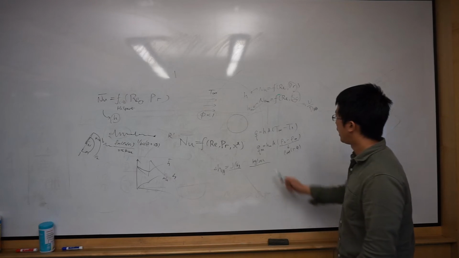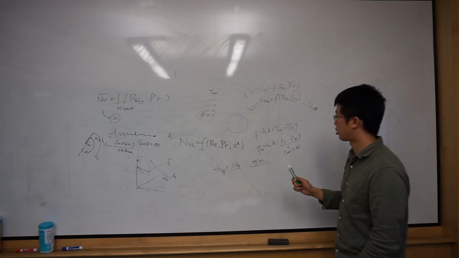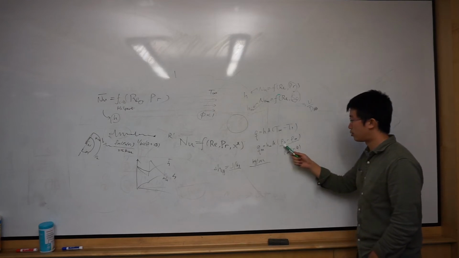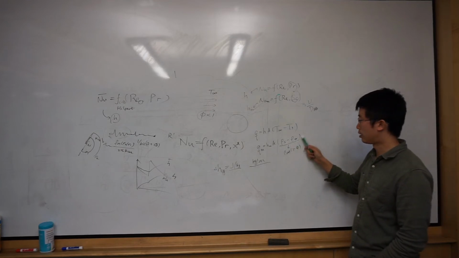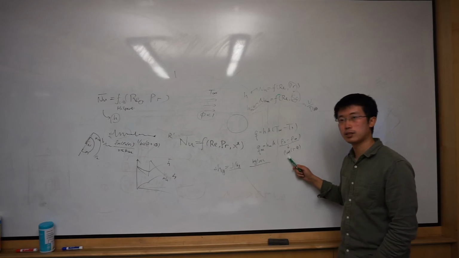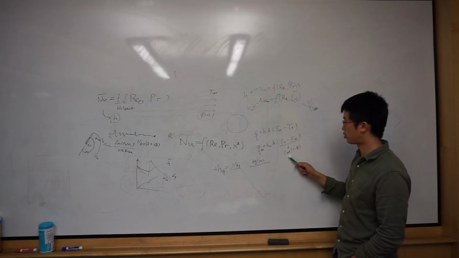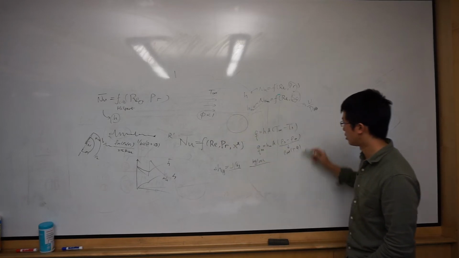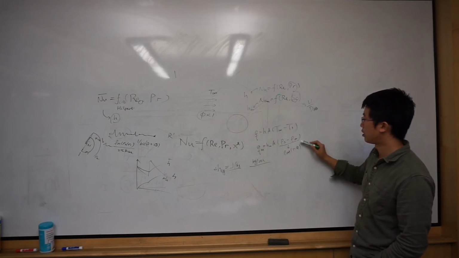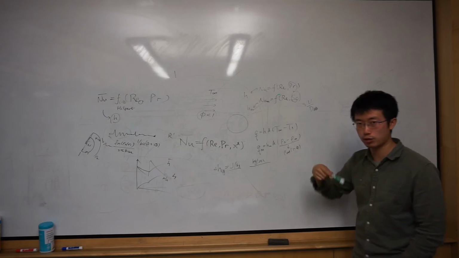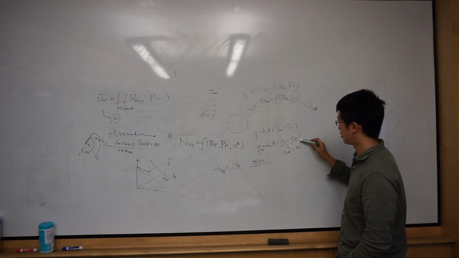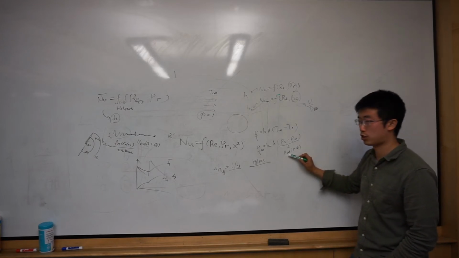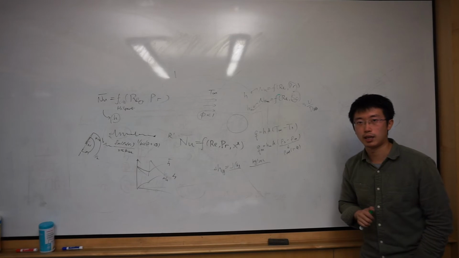And the other is the mass transfer coefficient. The rho surface minus rho infinity can be written as rho saturation, since the surface is saturated, times 1 minus the relative humidity, because rho infinity is the saturation vapor density times the relative humidity.